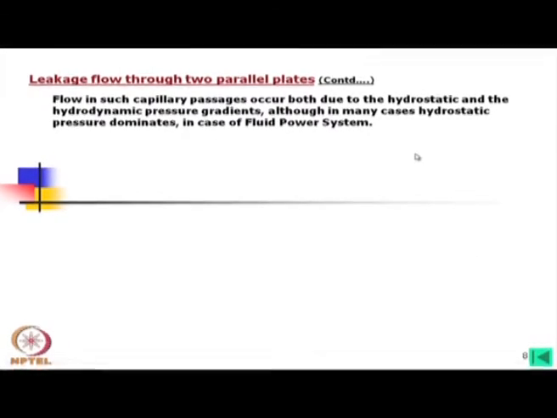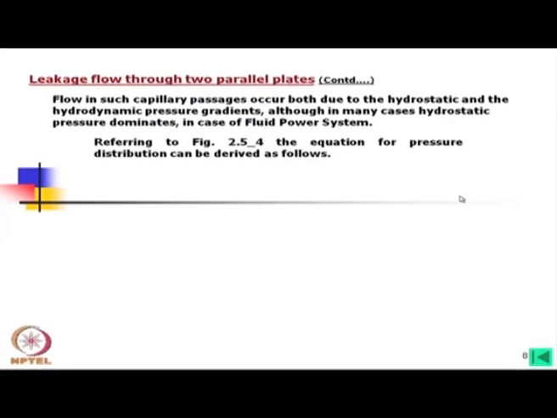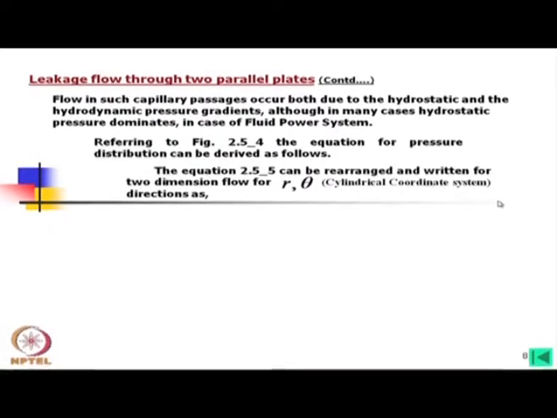I have explained this a little bit, but usually in hydrostatic machines, on many occasions you will find that in the capillary passage, one side has a high pressure and the other side has a low pressure. For example, the case we have considered is also like that. So, referring to the earlier figure which I have shown, the equation of pressure distribution can be derived as follows.